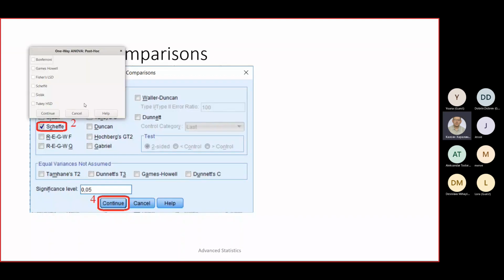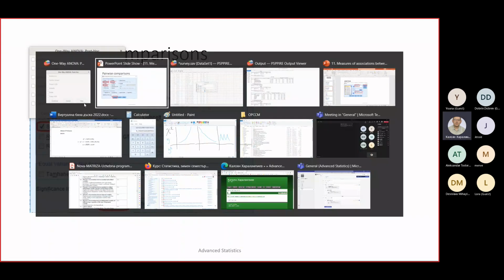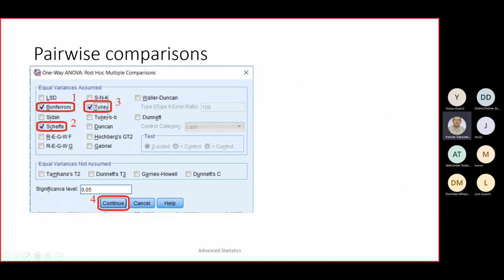And Tukey is here. There are two coefficients, Tukey and Tukey B, but both are in this group, equal variances assumed.